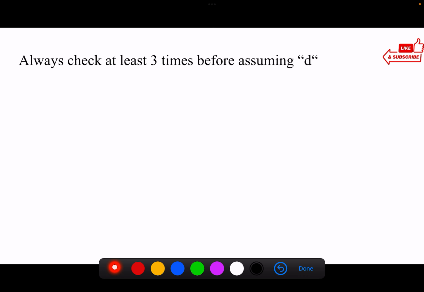So always check at least 3 times before assuming d. Don't stop at calculating the first common difference or even the second common difference. You want to go to the third because sometimes you can get duped. For example, in this sequence, the difference between 2 and 6 is 4. Between 6 and 10 is 4.